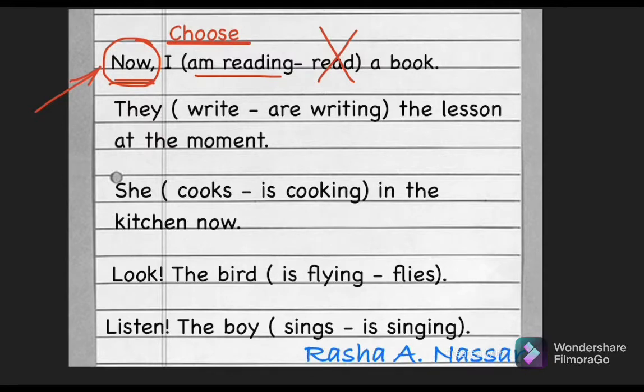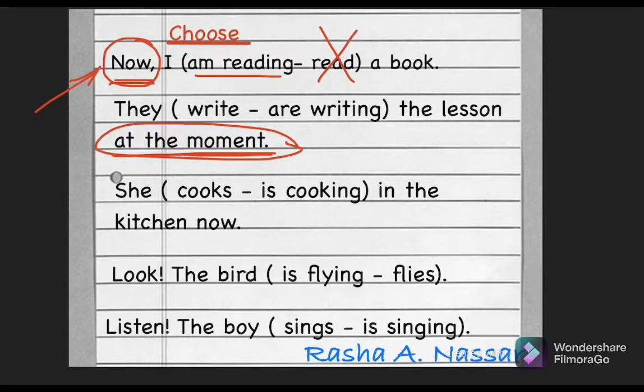Number 2, they write or are writing the lesson at the moment. At the moment. So if I see at the moment, it means that I'm talking about something which is happening now. So I will use present continuous tense.